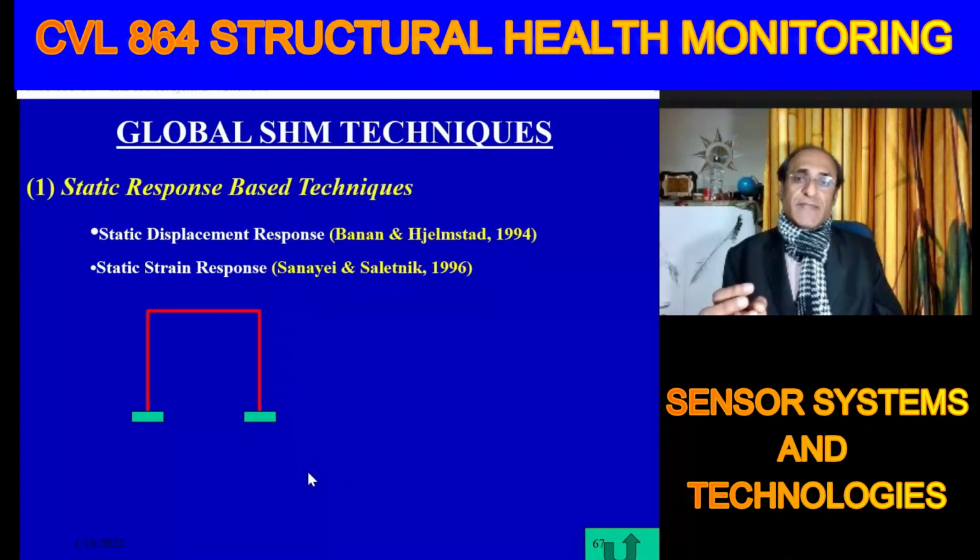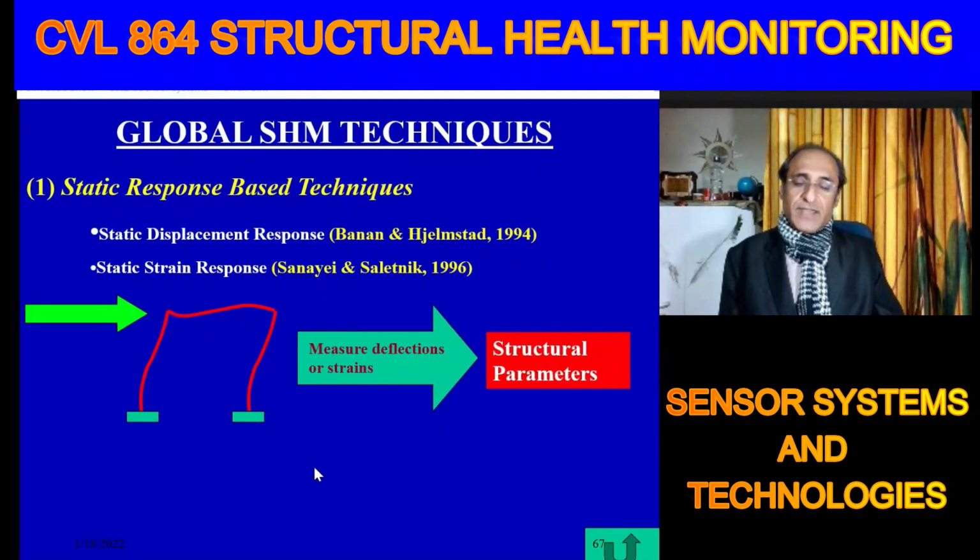When we talk about global structural health monitoring techniques, I'll just illustrate the principles. One simple principle could be that we apply loads and measure the deflections, and from the deflections we work out the structure parameters. We identify its stiffness matrix.